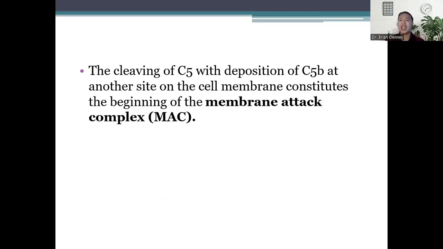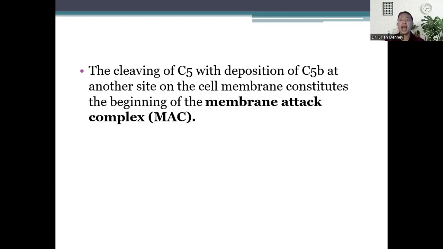Your C5a is the smaller fragment, whereas your C5b is the larger fragment. So which of these participates in the cascade? Very good, the larger fragment, your C5b. Formation of C5b and C5a is the end of your activation unit.